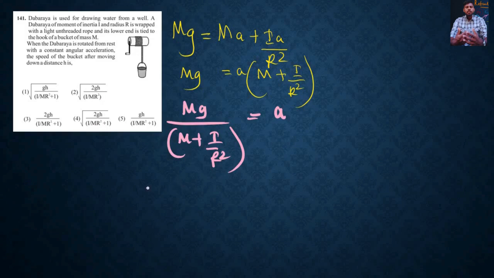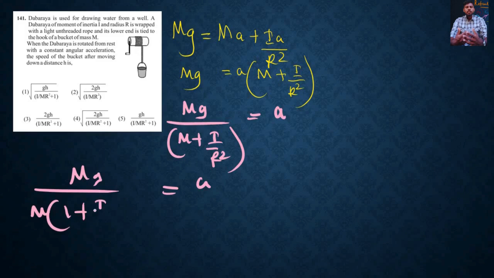Let's do the same. So A equals mg over, let's take m out of this bracket. So m times 1 plus, m should go in, then I over mr squared. See, now once we multiply these two, we are getting the same again. And now we can simplify, m and m cancel off. This is A equals g over 1 plus I over mr squared.